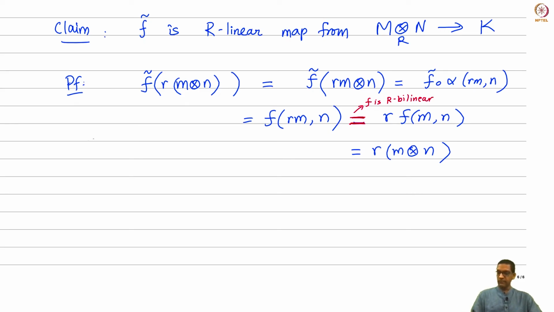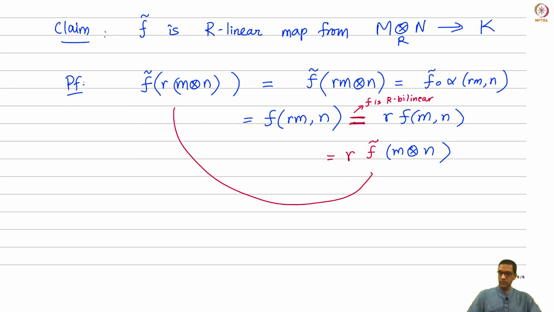Okay, so now what have I finally managed to prove? I should be a little more careful. So f of m comma n is the same as f tilde composition alpha, right? So this is just r times f tilde alpha of mn. Sorry, it's f tilde of m tensor n.